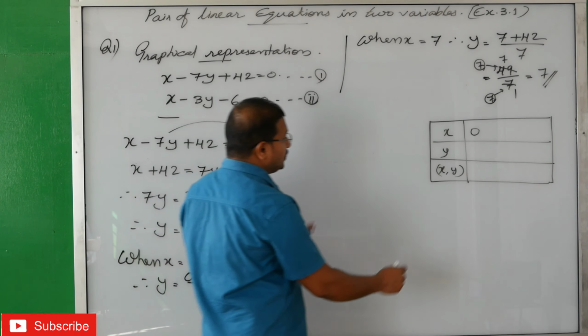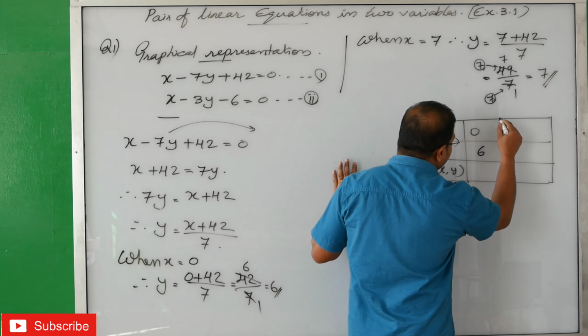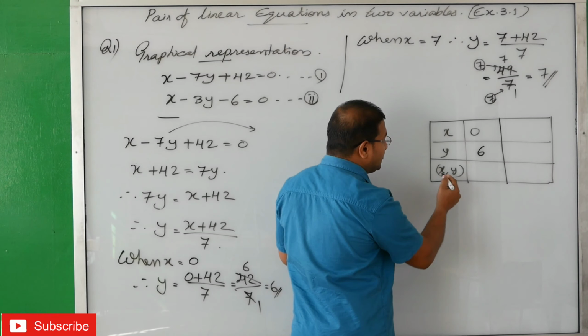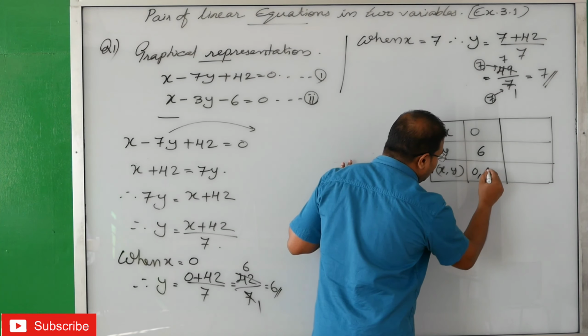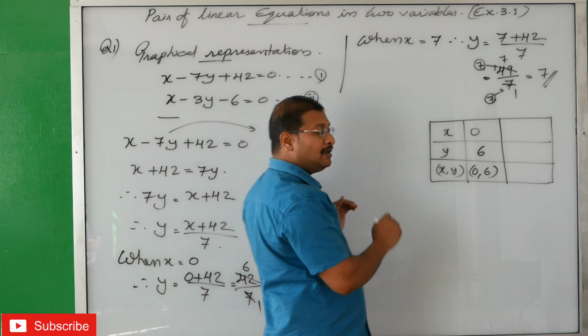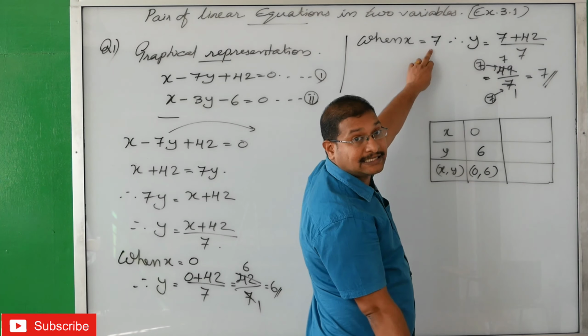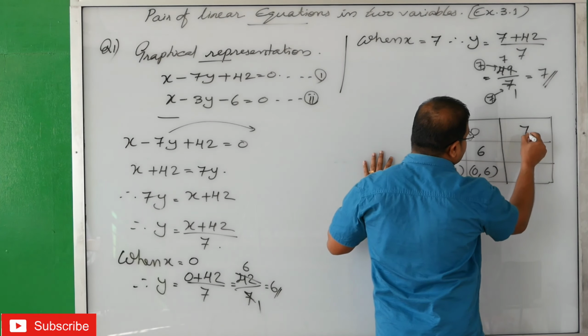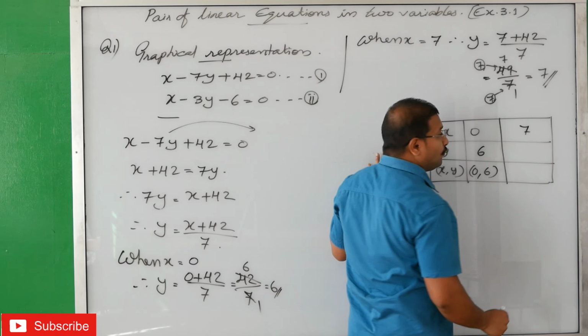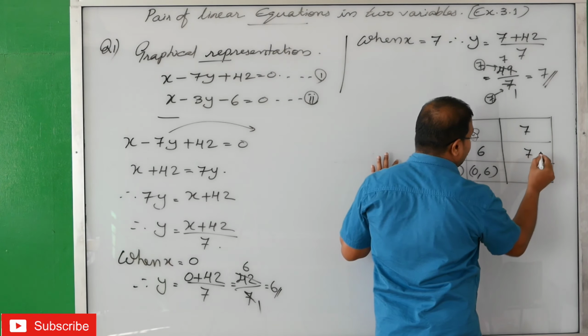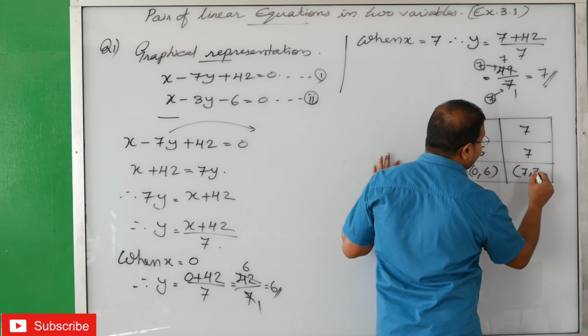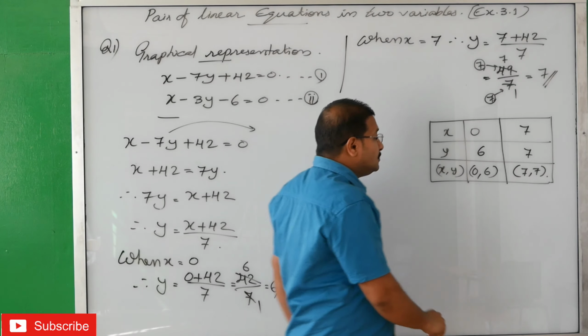That means 0, 6. So the coordinates x, y are 0, 6. After that we put the value of x as 7. That time we got the value of y as 7. That means 7, 7. x and y both are the same.